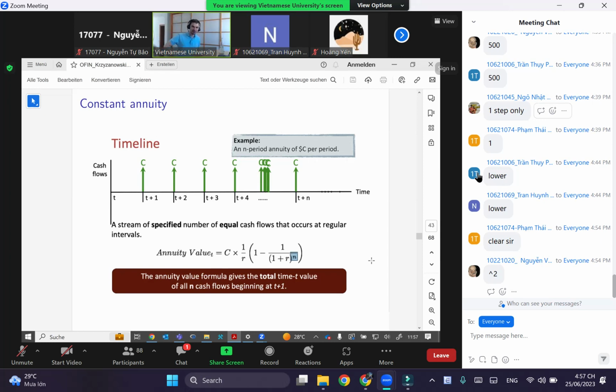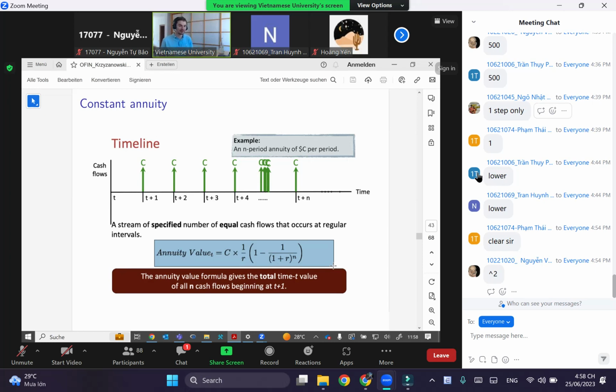So long story short, I wanted to introduce to you one standard cash flow payment scheme, which is the constant annuity in a finite horizon with n periods. And I wanted to highlight that there are ways, for those standard schemes, to efficiently calculate the time t value of this cash flow without having to write down each individual fraction as I indicated in the beginning.